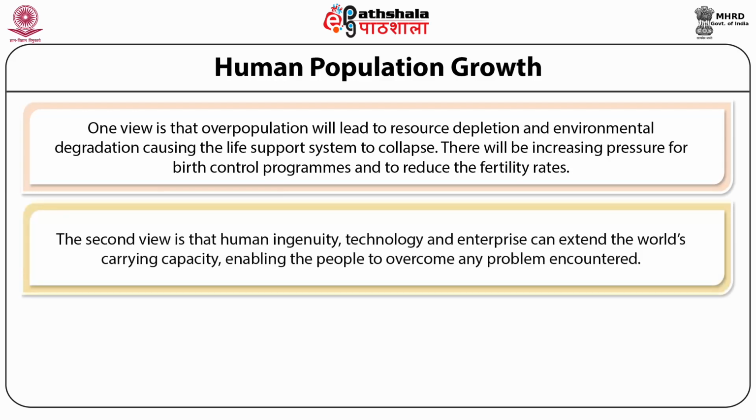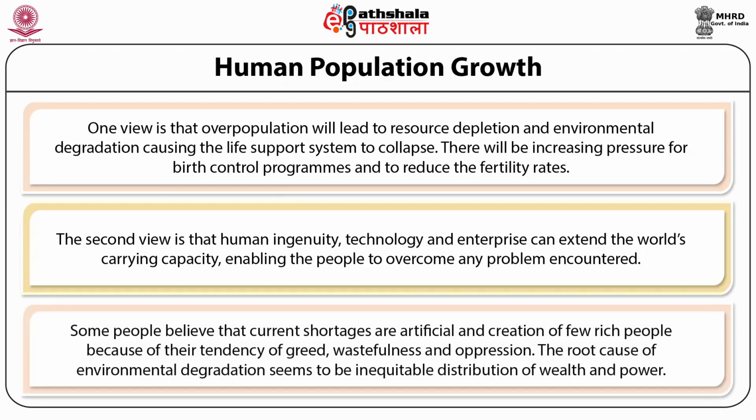The second view is that human ingenuity, technology and enterprise can extend the world's carrying capacity, enabling people to overcome any problem encountered. Some people believe that current strategies are artificial and the creation of a few rich people because of their tendency of greed, wastefulness and oppression.